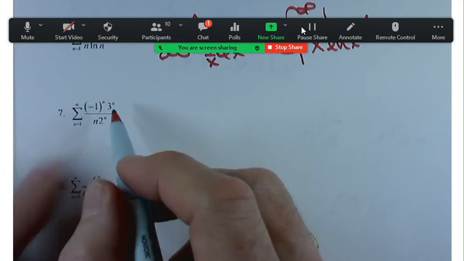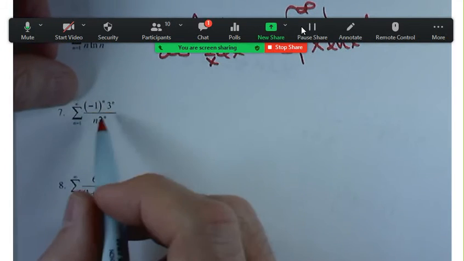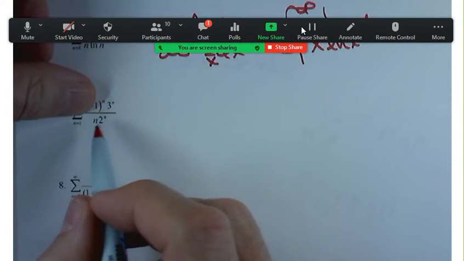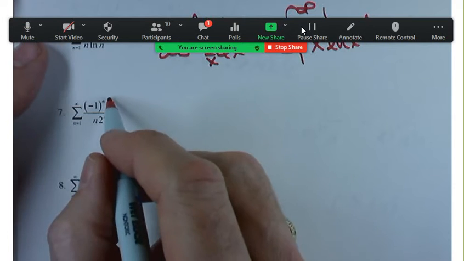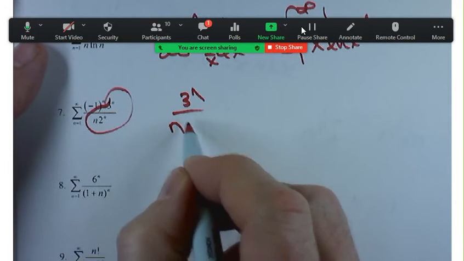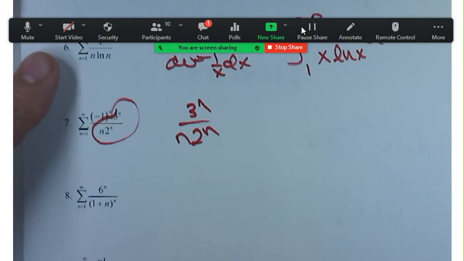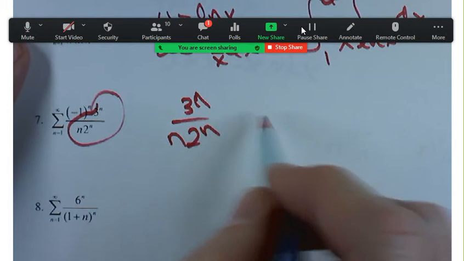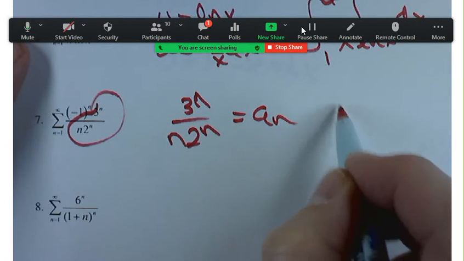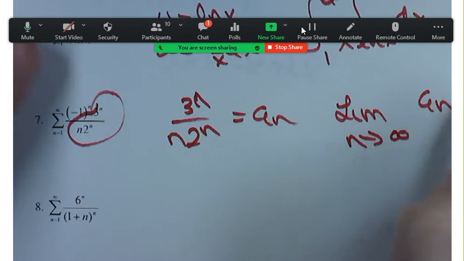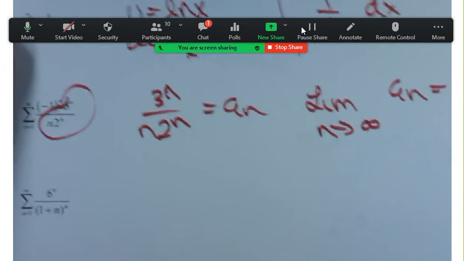This one, I know it's an alternating term. You've got this 3n, n, 2 to the n. Mostly what I see is this 3 to the n over n, 2 to the n. And that term, call it a sub n, the limit as n goes to infinity of a sub n is going to be infinity.